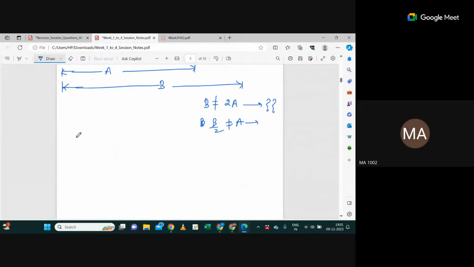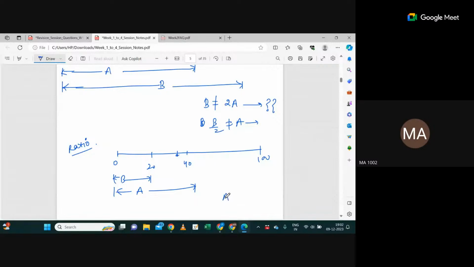While let's come to the ratio. Suppose there is a scenario of marks. Suppose minimum marks is 0, maximum is 100. Suppose this is 20 marks, and this is 40. Suppose student B got 20 marks and A got 40 marks.